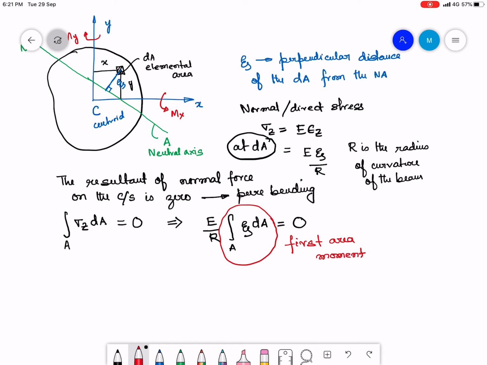Since the resultant normal force on the cross section is 0, the first moment of area of the cross section about the neutral axis, that is the green line, is equal to 0.